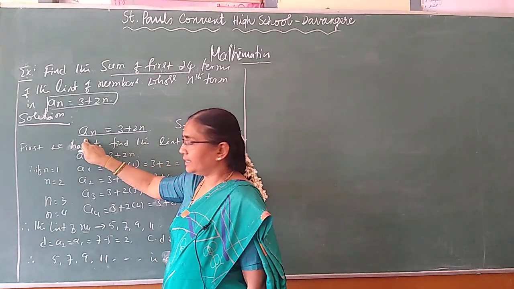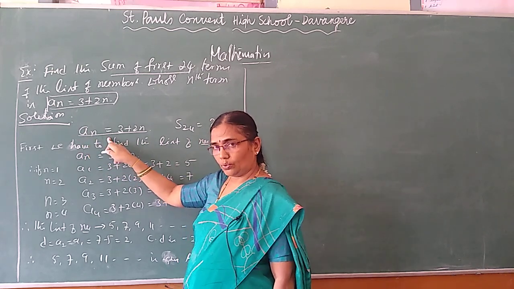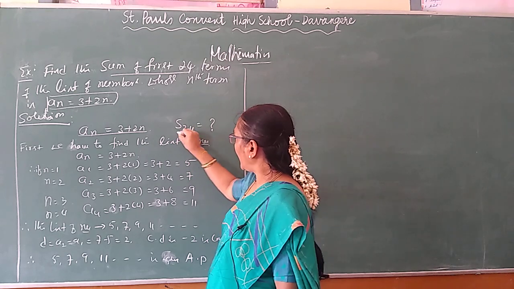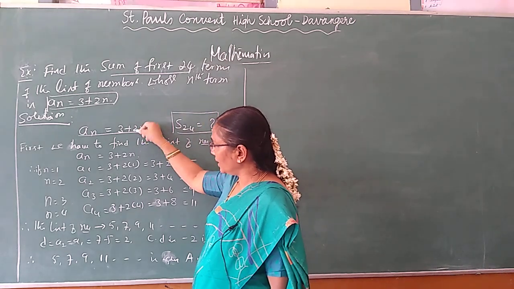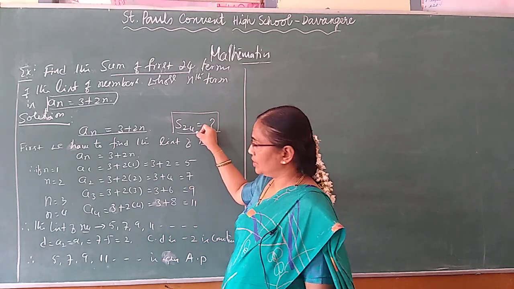Let me consider the given general form, that is an is equal to 3 plus 2n. Then we have to find S24. After knowing whether it is an AP or not, then we can find the S24.